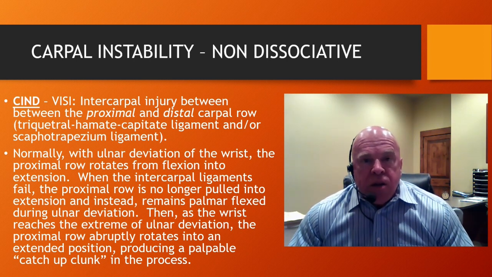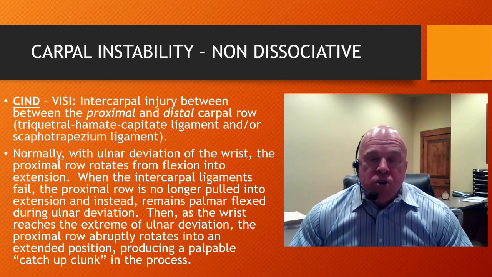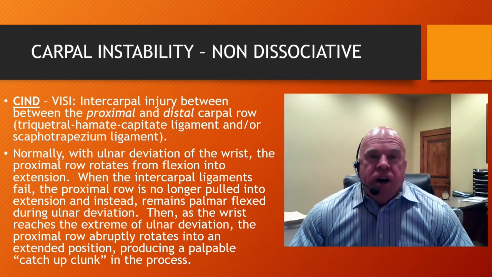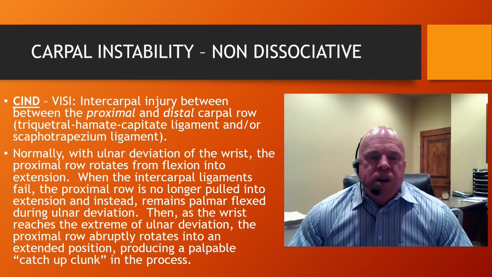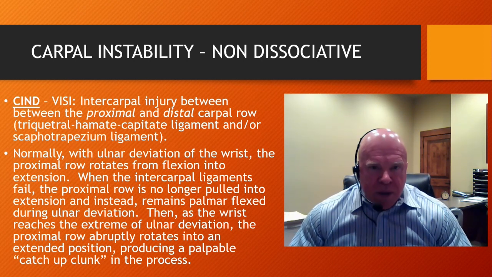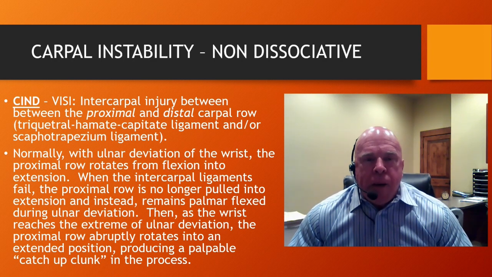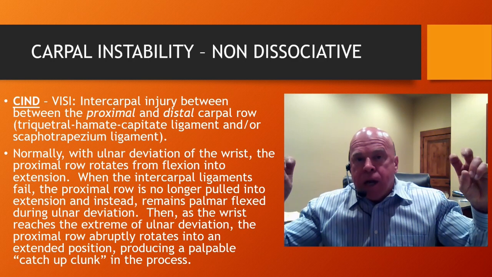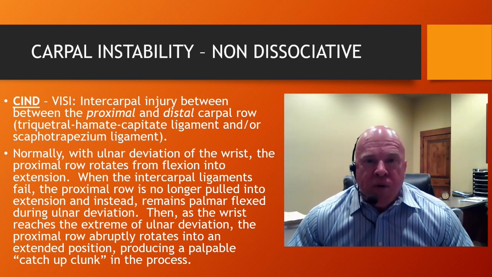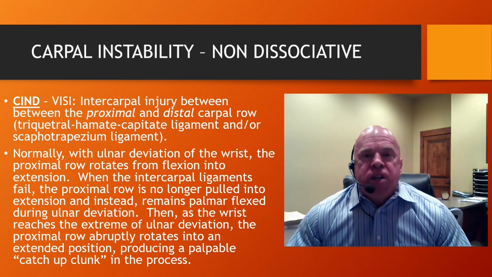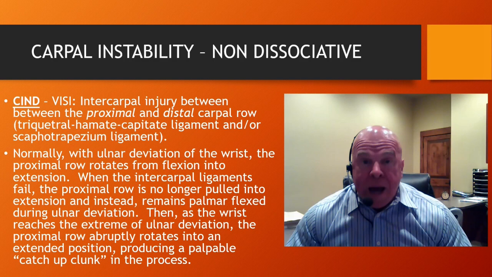So instead, the proximal row of carpal bones remain palmar flexed during ulnar deviation until the wrist reaches the extreme of ulnar deviation, and then the proximal row abruptly rotates into an extended position, producing a palpable catch-up clunk in the process. And this is going to form the basis of our provocative maneuver for the assessment of this VISI instability pattern.